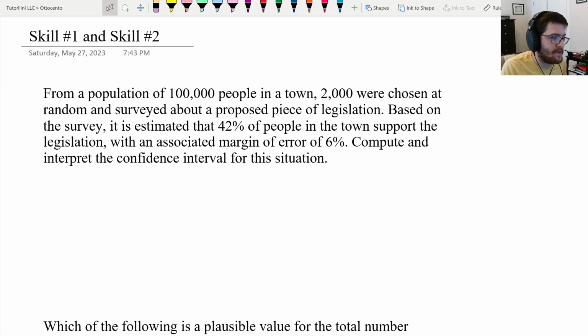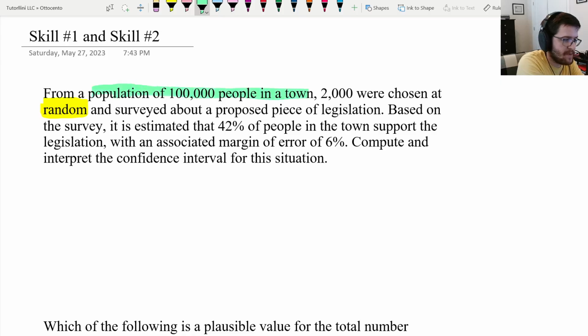Okay, so let's take a look at this problem. We're going to do our first, let's just make sure they were chosen at random. They are. It says our population is just 100,000 people in a town.